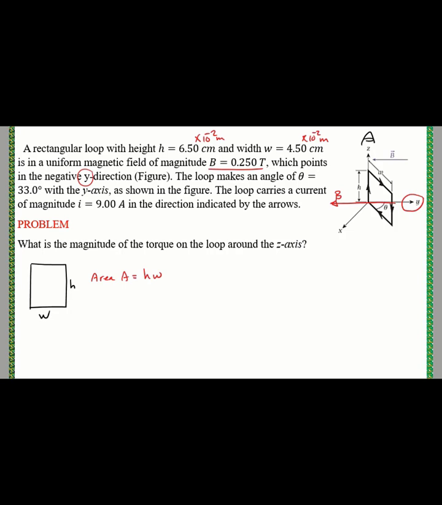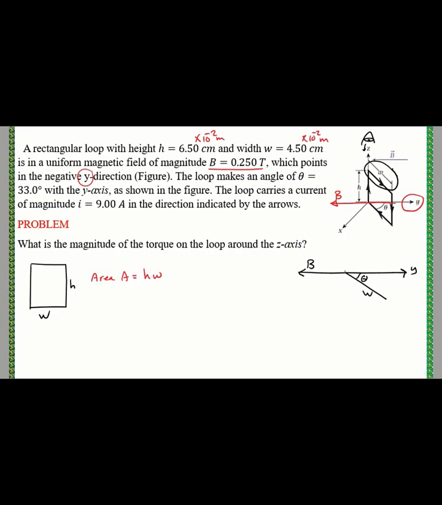Here is the way that I'm looking down. I will see the y-axis here like this, and here is the magnetic field, and I will see this side W, only W, like this. This is W, and this is the angle theta.